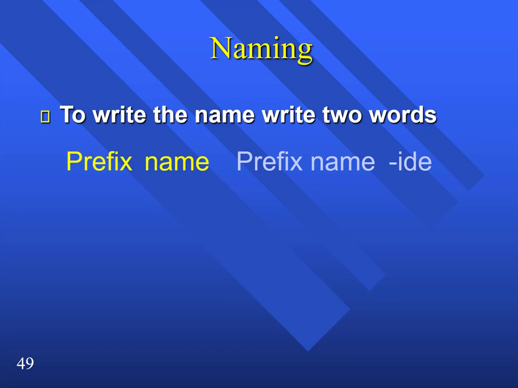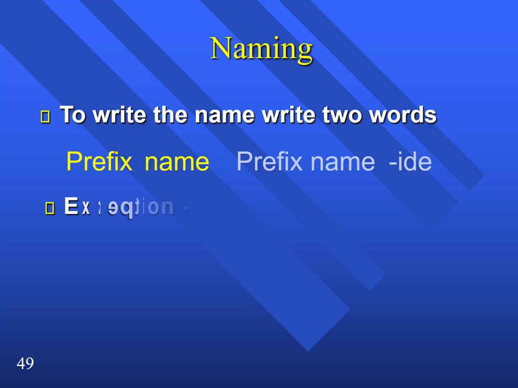So 8 hydrogens there would be octahydride. So the name of something with 3 carbons and 8 hydrogens is tricarbon octahydride. Or, sorry, I want to say deca. Octahydride.